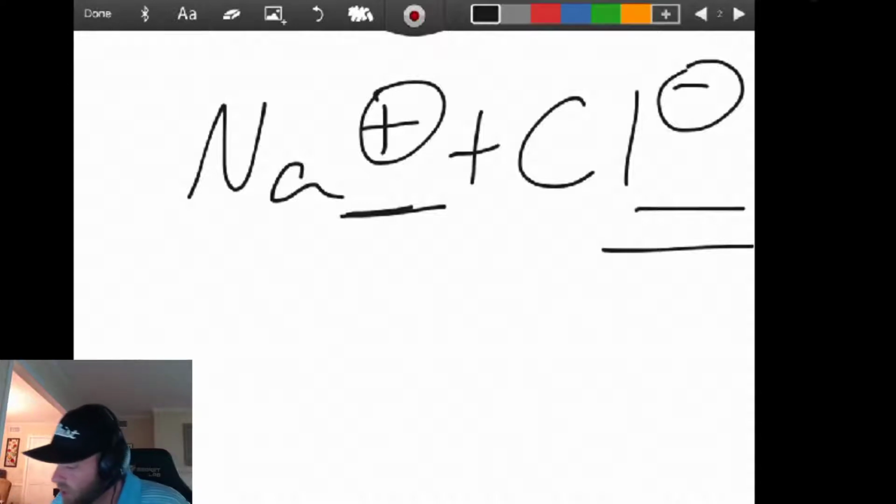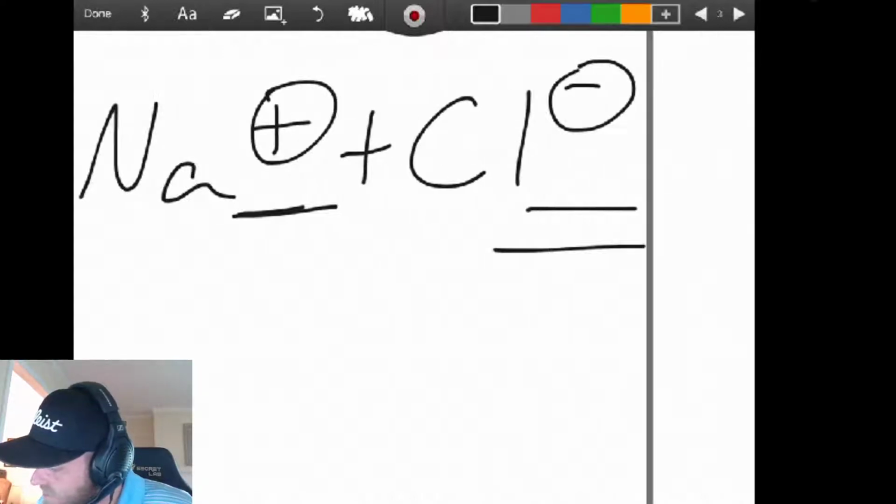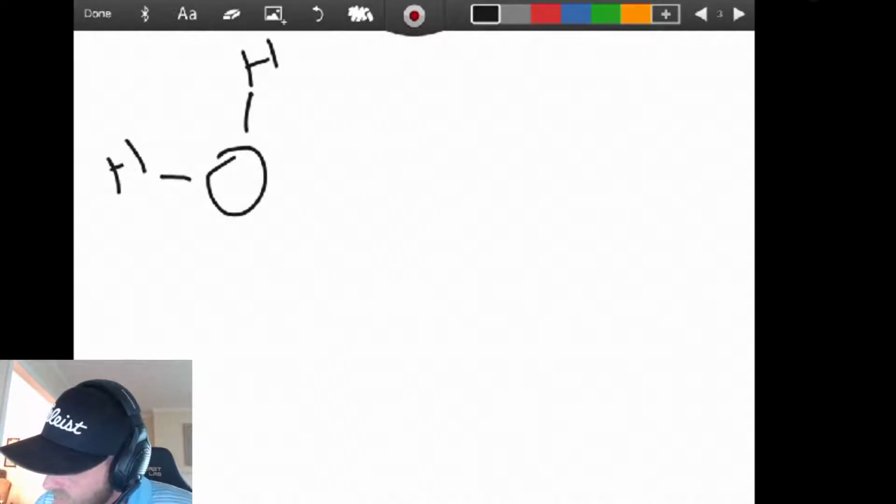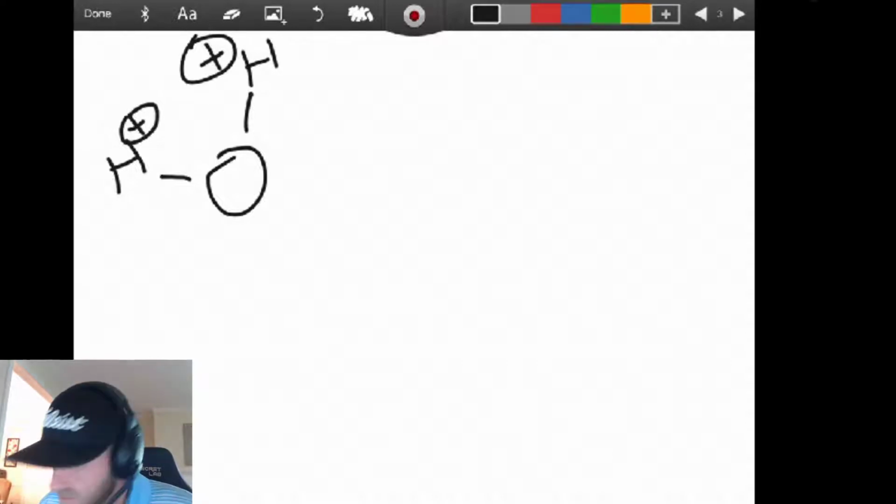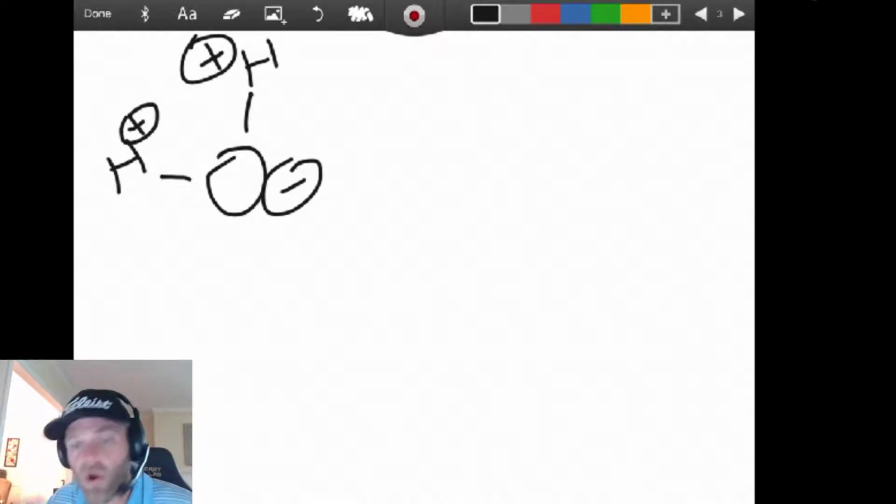Now, when it's in water, what you'll see is water has little positive charges around the H. Let me circle that, see if you can see that, and a partial negative charge, we call it, around the O. Remember, opposites attract.